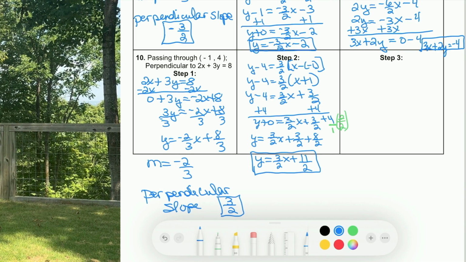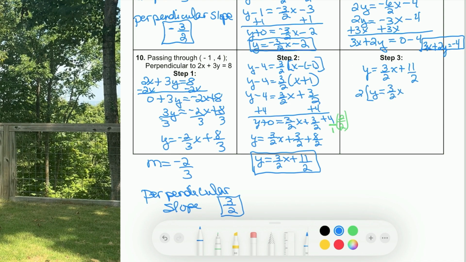Come over here to step 3 so we can change it into standard form. So y equals 3/2 x plus 11/2. I'm going to multiply everything by 2 so we can get rid of the fraction. So I end up with 2y equals 6/2 x plus 22/2.